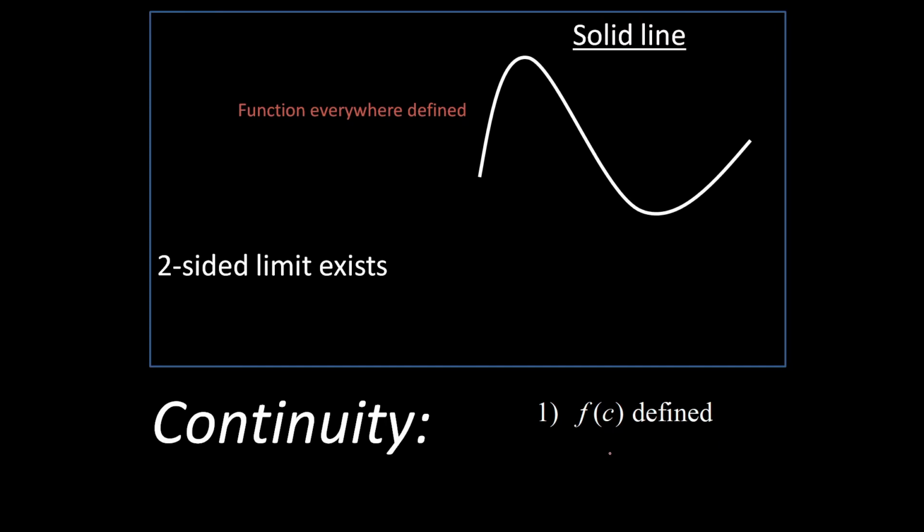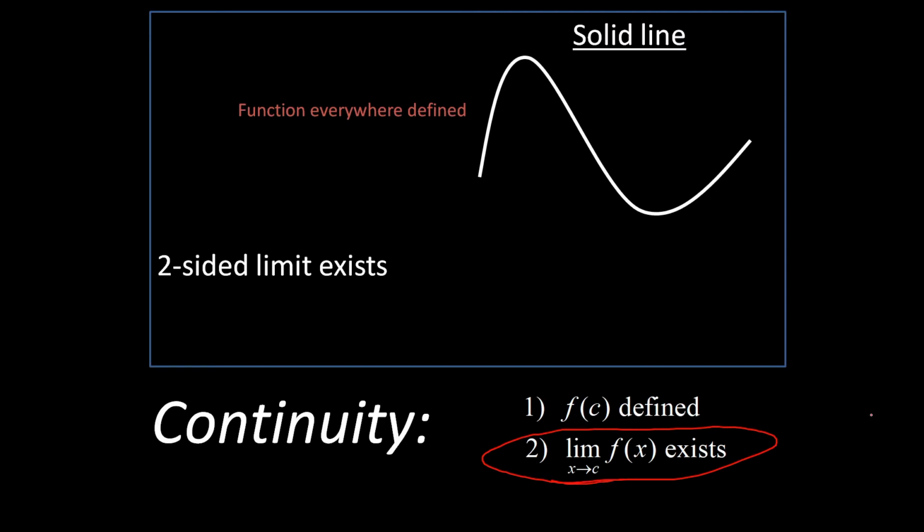So you have your function. If you put your value of c in it and the function is defined, then that's the first property of continuity. The second is introducing this idea. The two-sided limit exists. Just straight up write that statement.